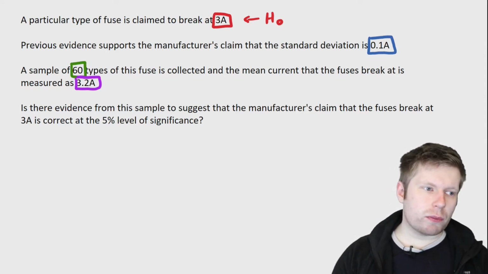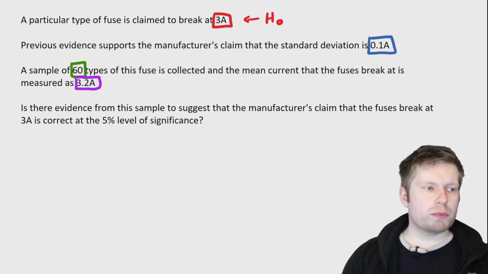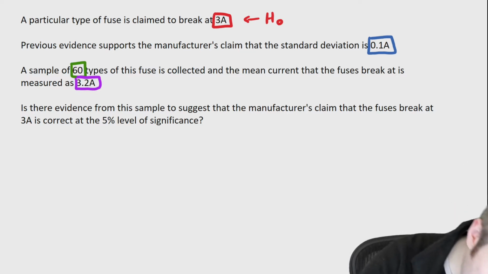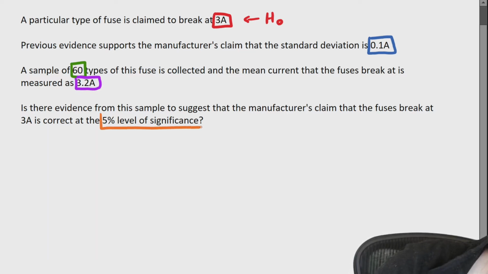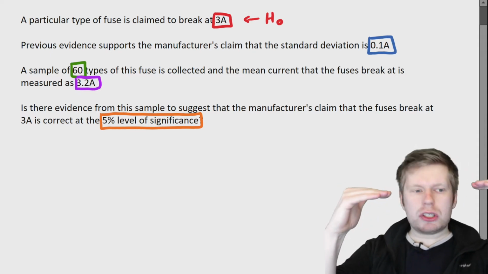So is there evidence from this sample of 60 fuses that the manufacturer's claim that the fuses break at 3 amps is correct at the 5% level of significance? Now this is really important. When we're talking about our level of significance, remember that's the cutoff point.